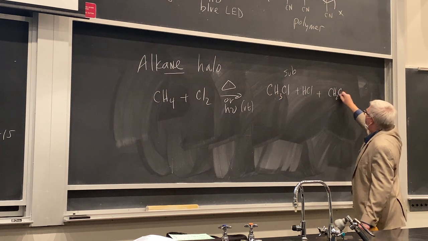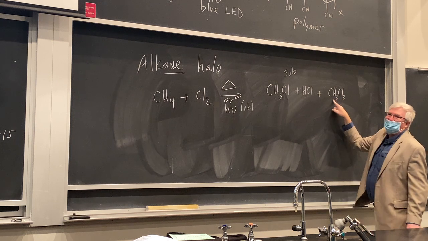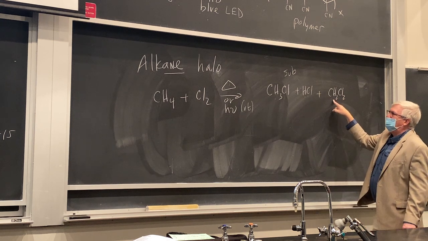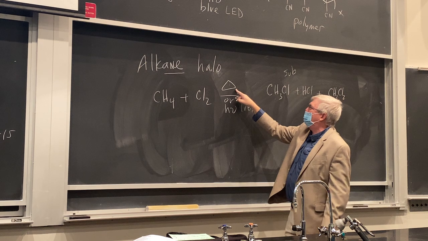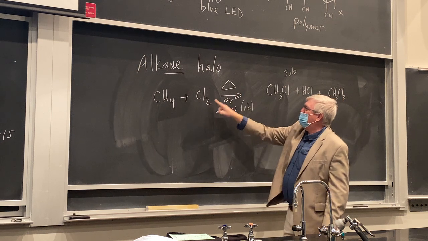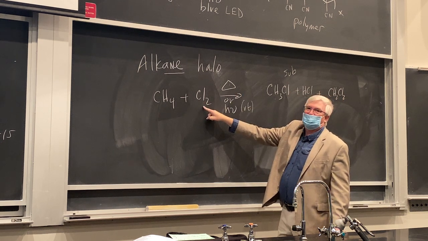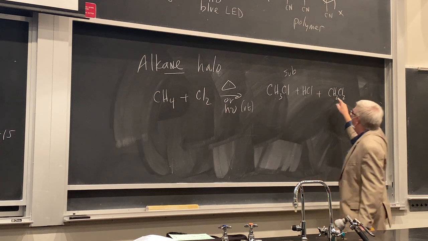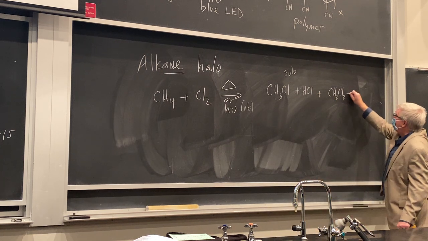Well, methylene chloride or dichloromethane also forms, okay? Especially if we're using heat with this process. Even if we try to limit the amount of chlorine in there, we'll often get what? Over halogenation. In fact, that's not the end of the story.